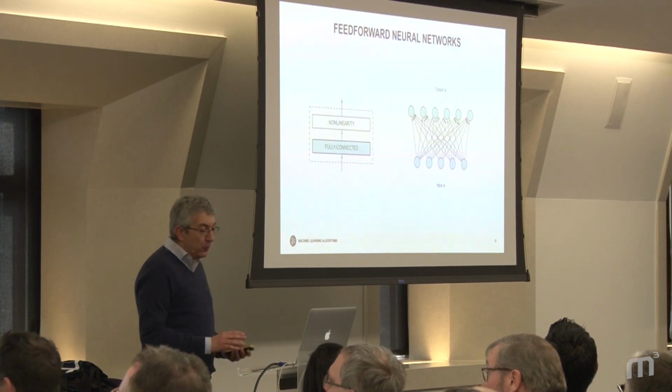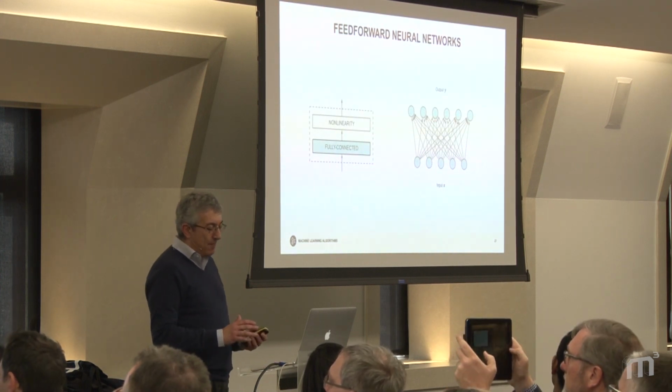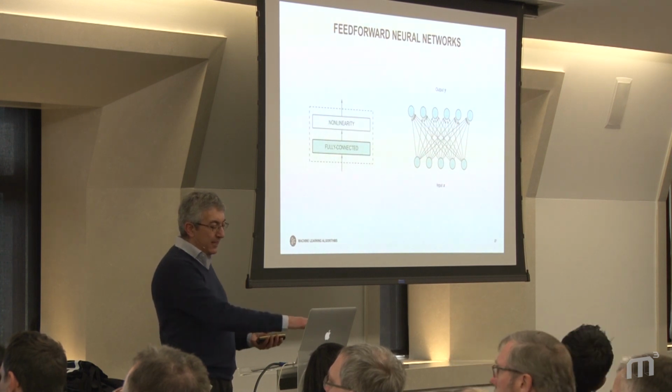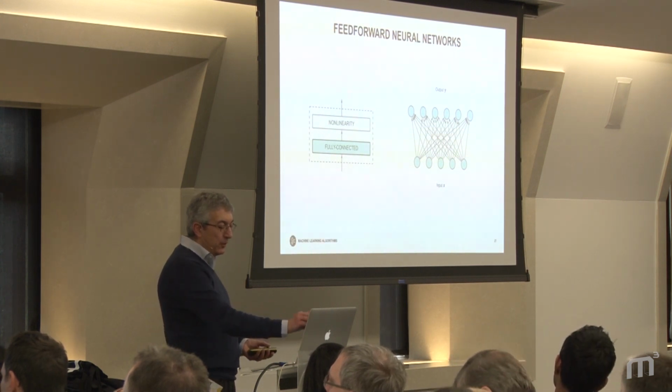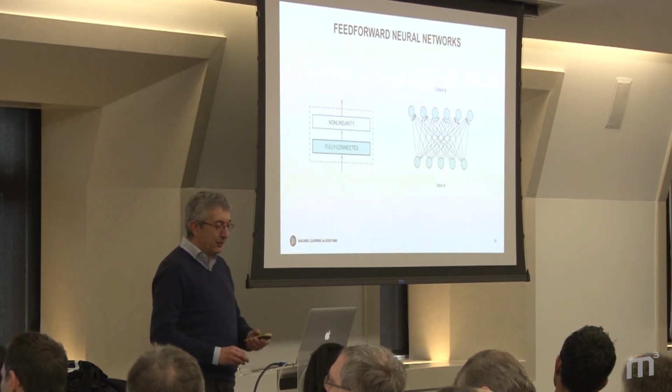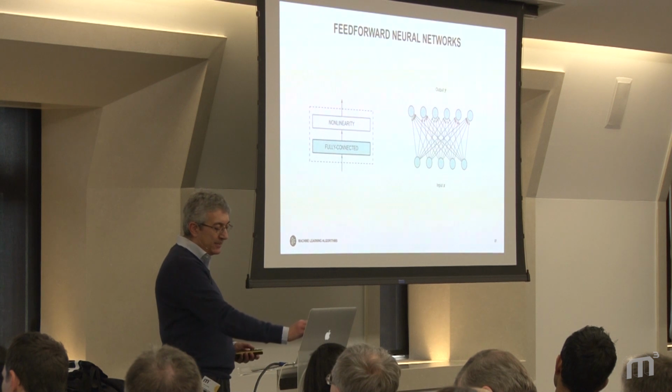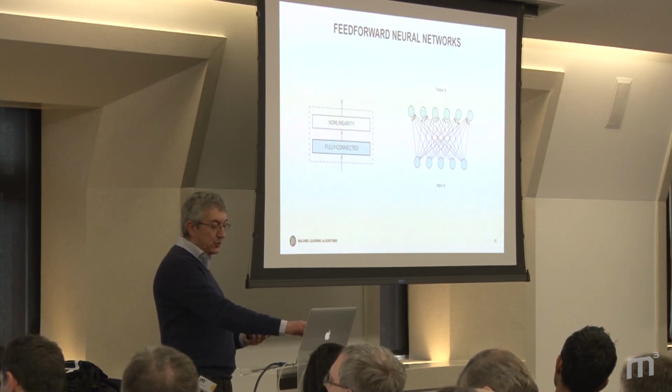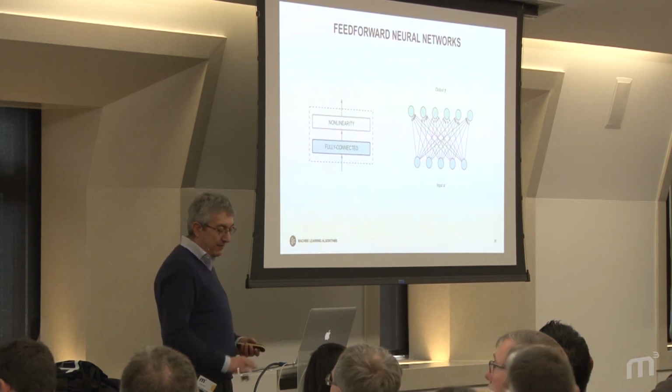But going back to the feed-forward neural network architecture, each layer is a linear layer, and is made of units which have some link to biological neurons. Basically, each one of these units has connections to the units of the previous layer, and each unit has its own activation function.